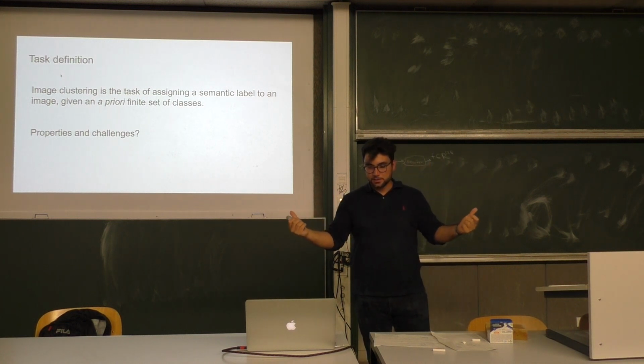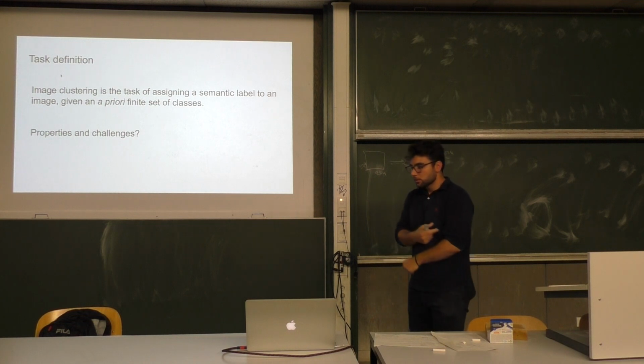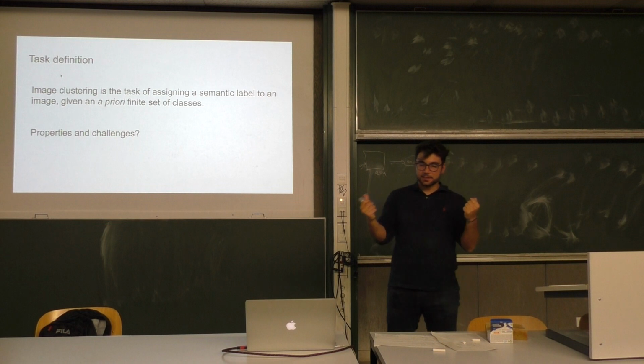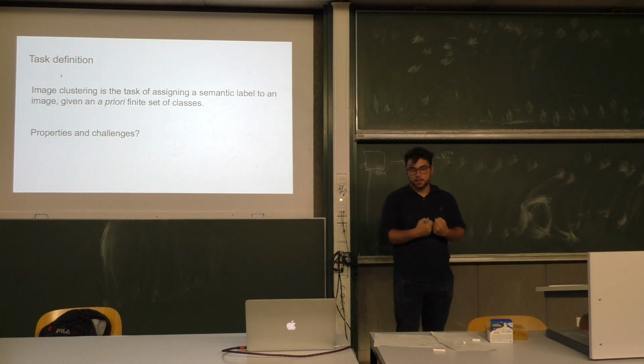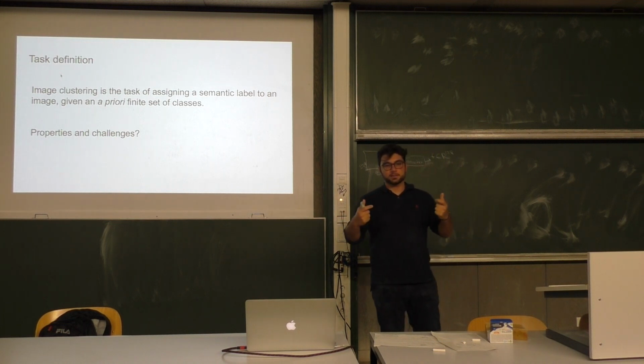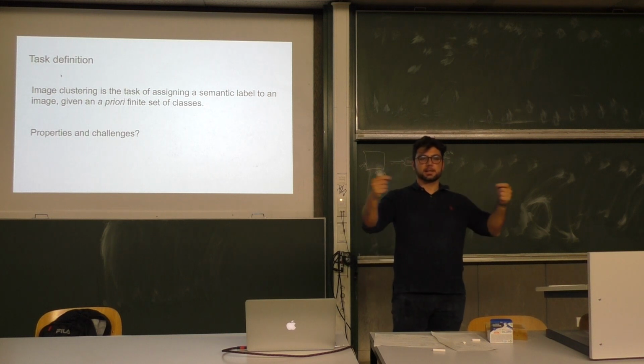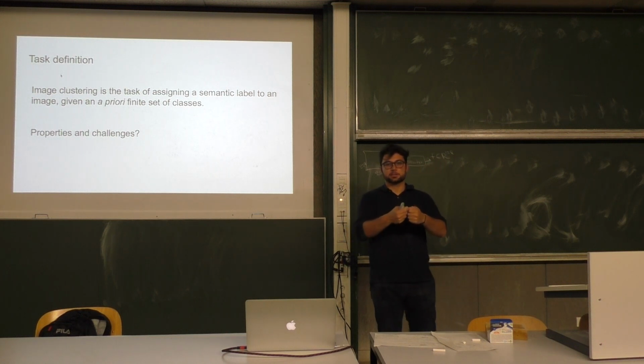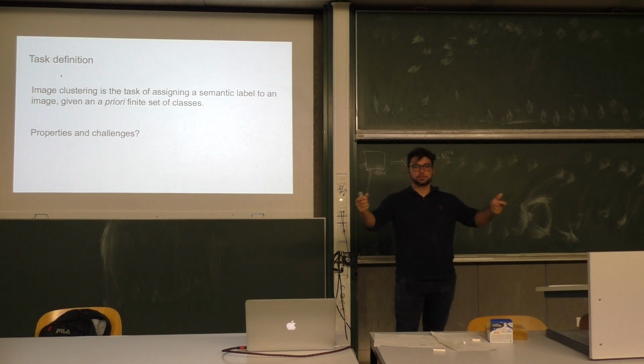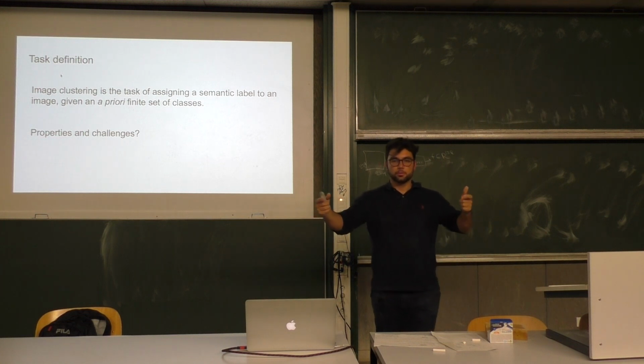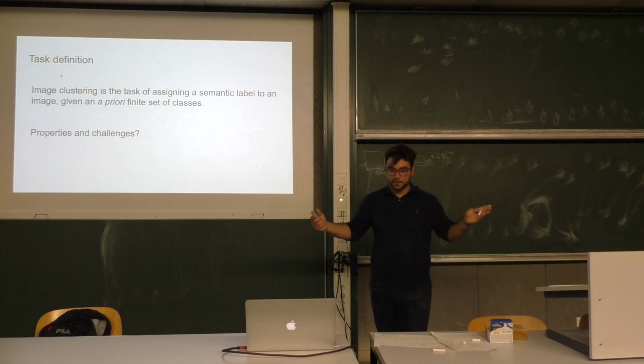So image clustering is a very challenging task. Even if we know in advance the number of classes, for example that ImageNet consists of 1,000 classes, it's still unlabeled.